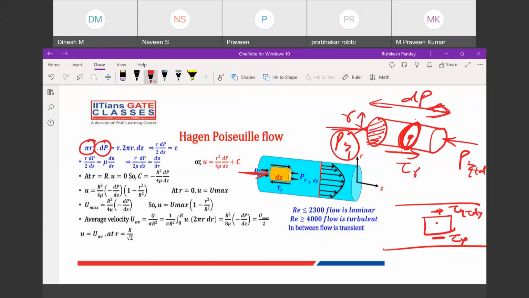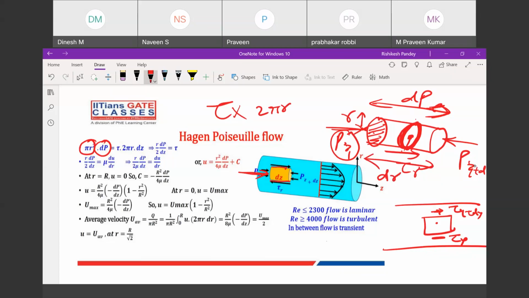And the shear stress at the surface will be shear stress multiplied by the circumferential surface area. That is 2 pi r, multiplied by the length.